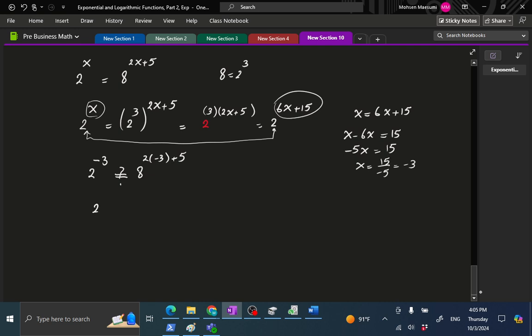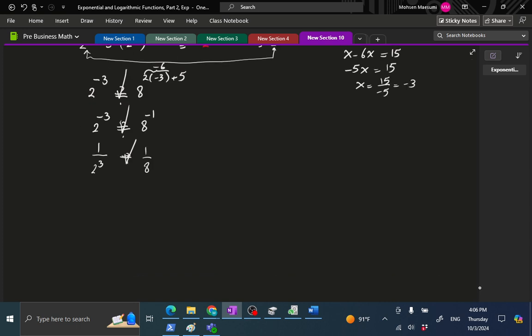So this is 2 to the power of minus 3, and we are asking a question, is it the same as the right hand side? 2 times minus 3 is minus 6, plus 5 becomes minus 1. Well, are they the same? 2 to the power of minus 3 is 1 over 2 cubed, and this is 1 over 8. Are they the same? Well, yes, because 2 to the power of 3 is the same as 8. So this question mark checks we actually got the correct answer.